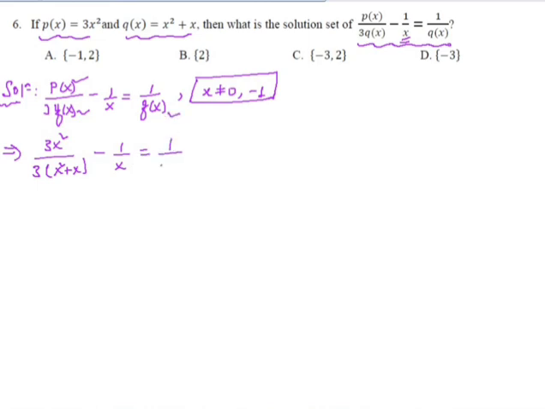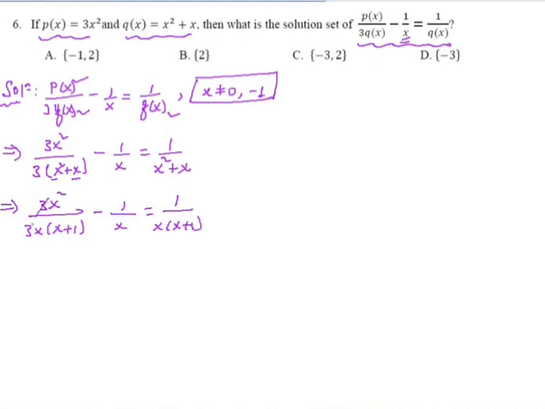In place of Q of x, again put x squared plus x. Now this can be written as 3x squared over, taking out the common factor, 3x into x plus 1, minus 1 over x equals 1 over x into x plus 1.